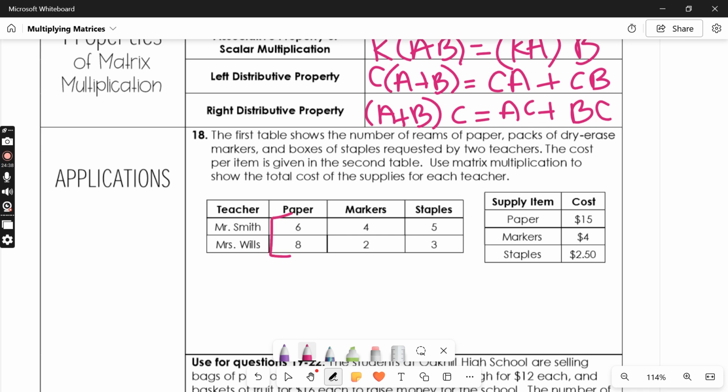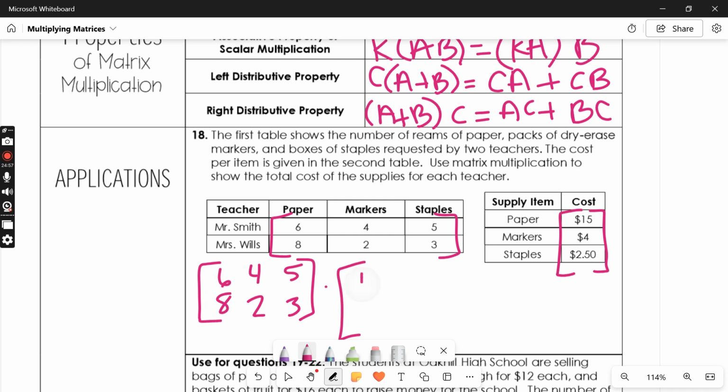This one's your first matrix, and this one's your second matrix. Okay, and what we're doing is we're just multiplying those 2 matrices. So you can rewrite it if you want. You don't have to, but maybe if you want to know what you did when you go look back at your notes. So I'm multiplying by this other one.